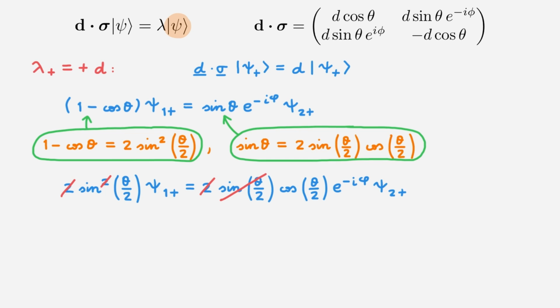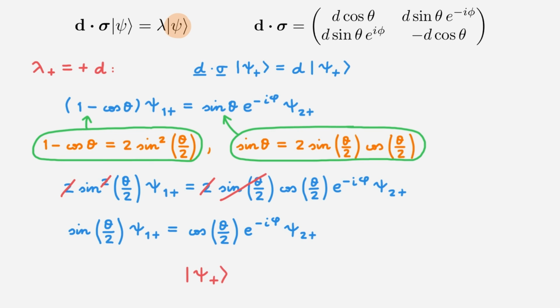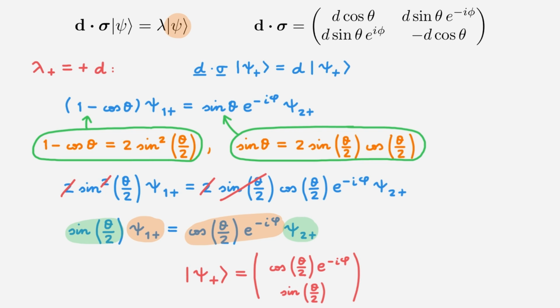We end up with sine theta over 2 times psi1 plus equal to cosine theta over 2 times e to the power of minus i phi times psi2 plus. Finally, from this equation, we can rewrite the eigenstate psi plus. To make sure the equation is obeyed, we can choose psi1 plus as equal to this term, and we get this top entry for the column vector, and we can choose psi2 plus as equal to this term to complete the column vector.